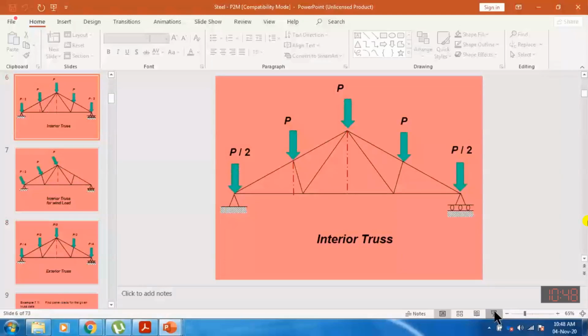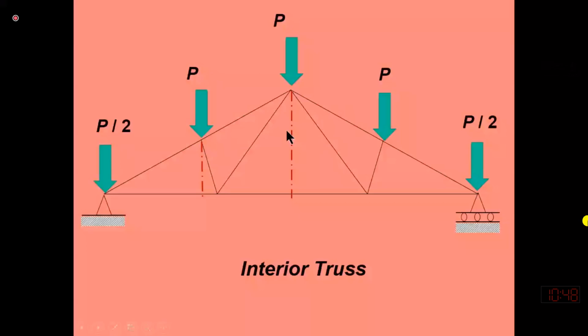Actually, if the force in this member is zero, this member might be in compression, this will be in tension, and this in tension. So it means that we do not need to design this member because it is subjected to zero force. Whatever section I select, its capacity should be more than the applied load. So we do not need to provide this member?